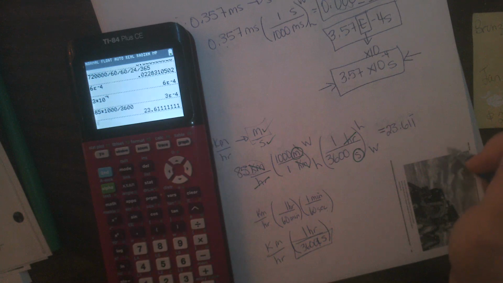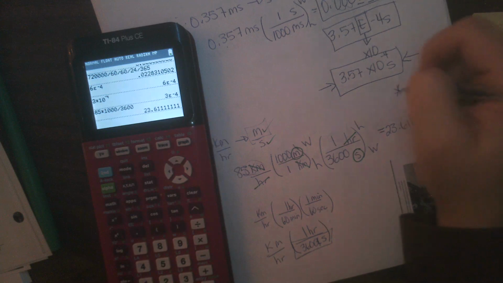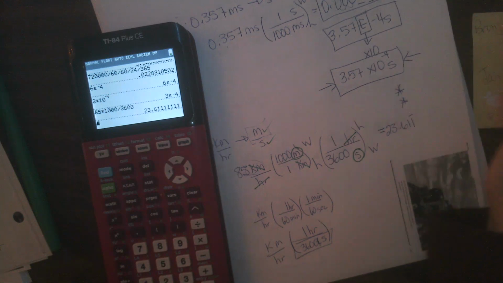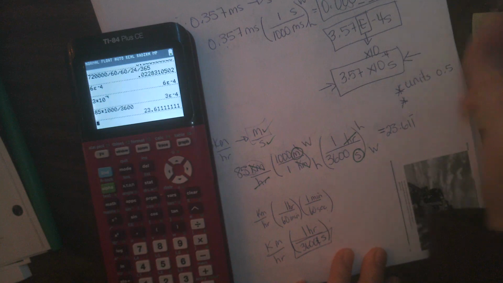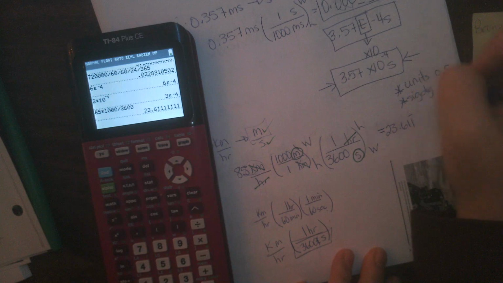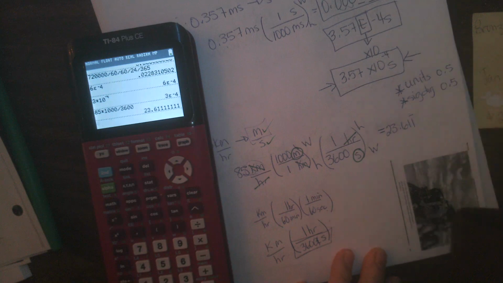Okay, 2 things we need to pay attention to. You will learn the hard way. All the grade 12s will tell you you're going to learn the hard way. You need units. That's 0.5 marks. And you need sig digs. That's worth 0.5 marks.